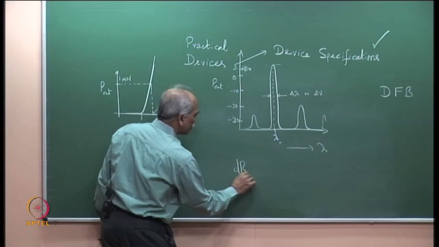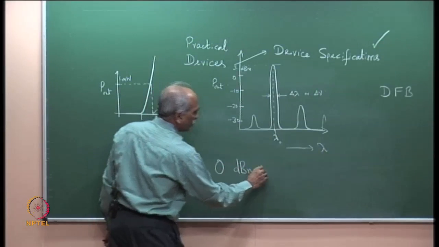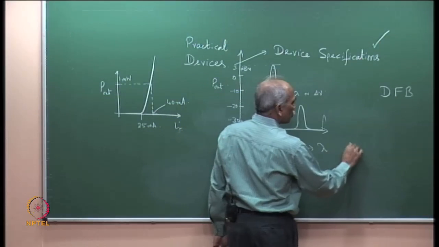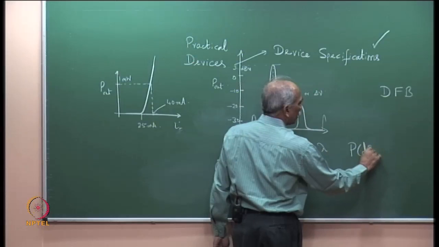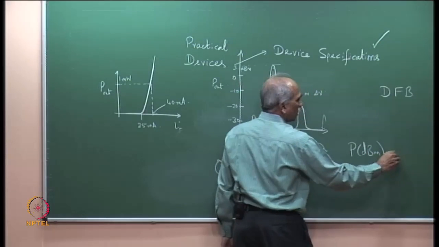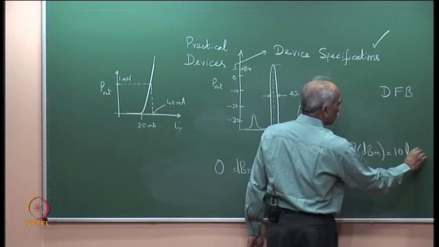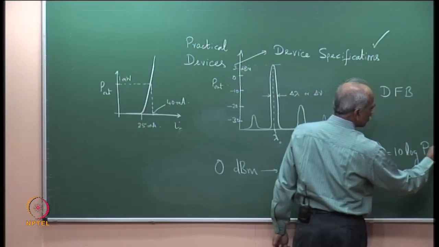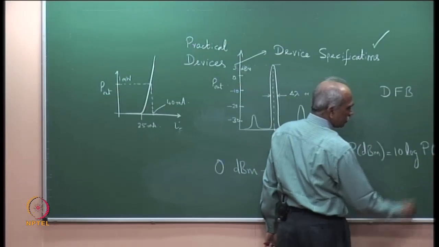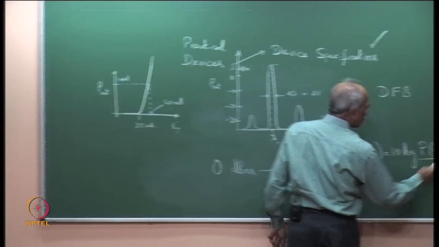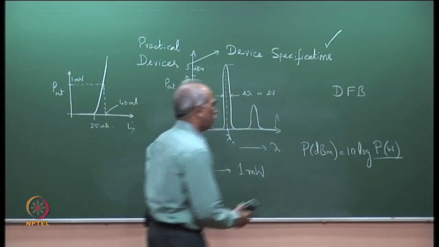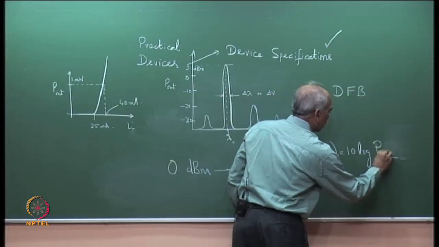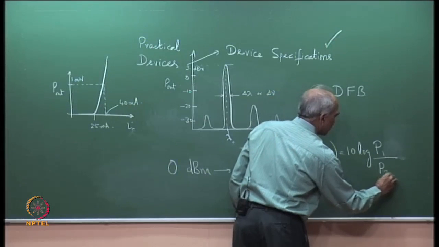0 dBm here implies 1 milliwatt. For those of you not familiar, power in dBm is defined as 10 log P1 by P2, with P in milliwatts.